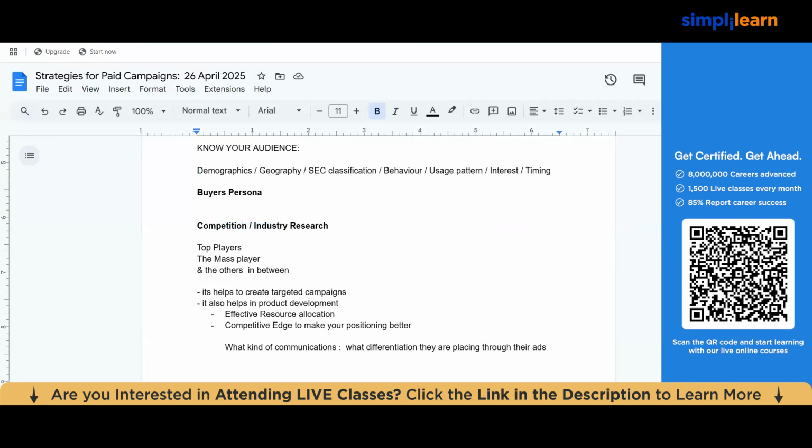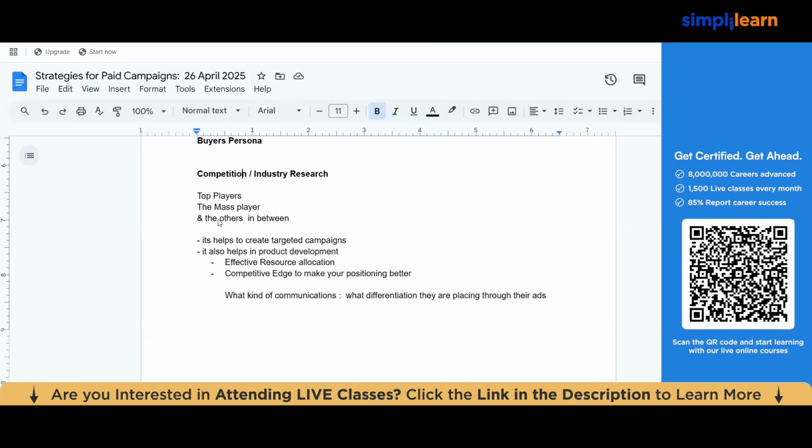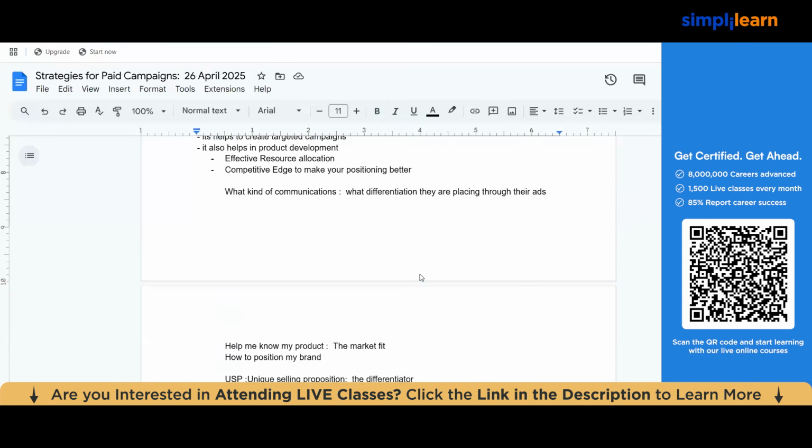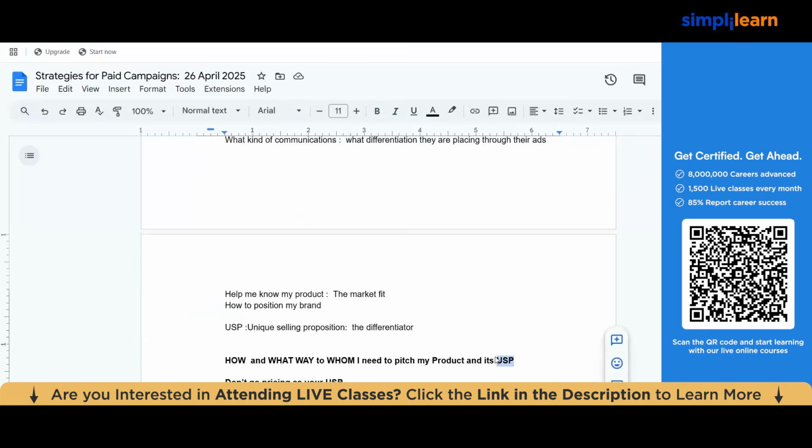And the moment you're able to categorize that, you'll figure out that everything about these players in that category is different, from their campaign style to their headlines to their tone of communication to the kind of budget they are allocating. Everything you'll find will have some kind of differentiation, because that helps, as I have written earlier, to figure out the market fit for any brand or any product.